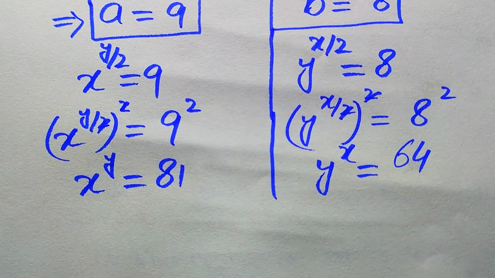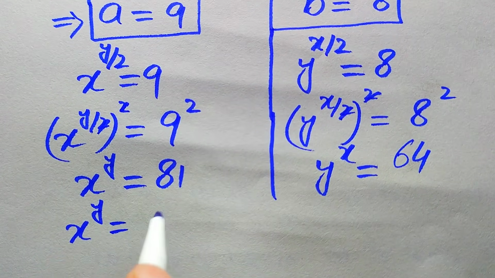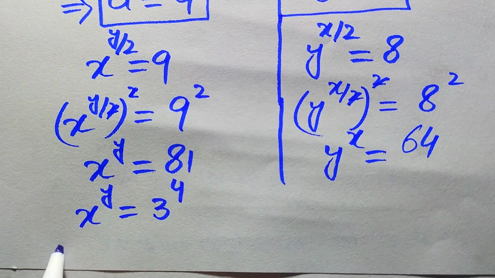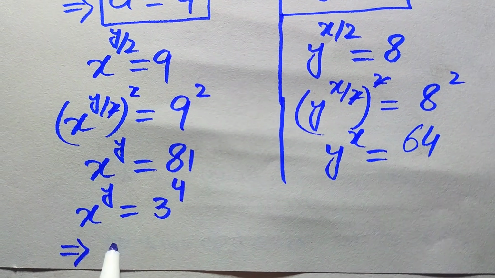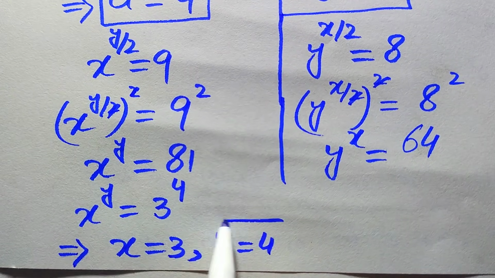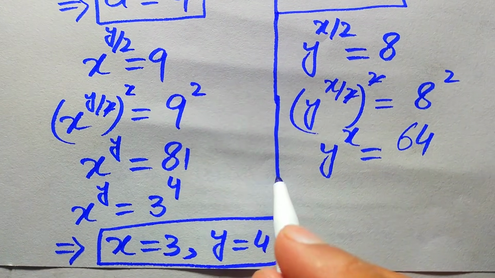So here we rewrite this equation as x to the power of y is equal to, we write 81 as 3 to the power of 4, and when we compare the bases we get x is equal to 3, and when we compare the exponents we get y is equal to 4. These are the values of x and y which we get here from the first case.